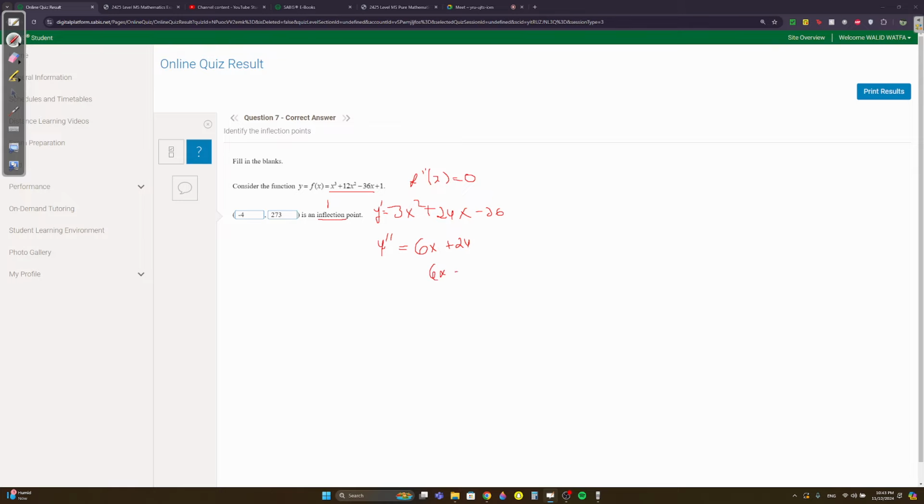Equate to 0, you get 6x = 24... x equals minus 4. They want the y coordinate as well, so you take your 4 up here and substitute. I think 273 is going to be correct.